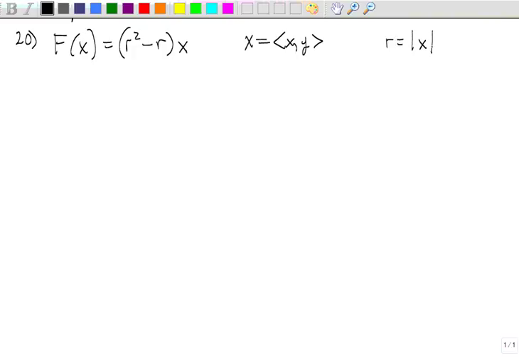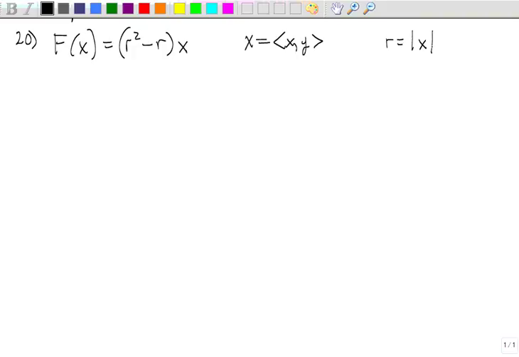Here it says we're going to use Maple. F of x is r squared minus r times x, and x is the vector (x, y), and r is the magnitude of x. Use Maple to see what happens.